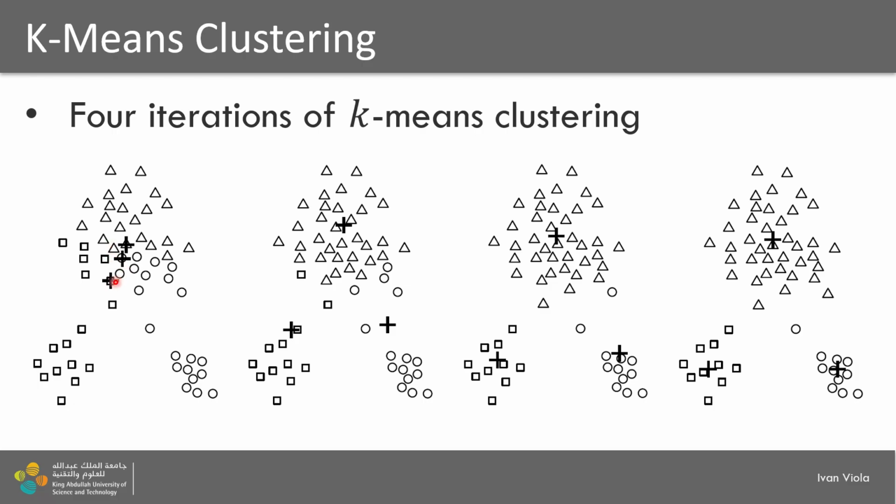And we can see immediately that for some points, the closest centroid is this cross here, and those points which are closest to it might be associated with it. So these points are always closer to this centroid than to any other.